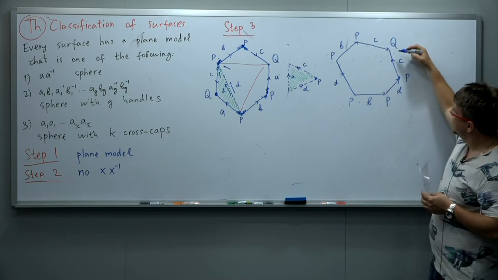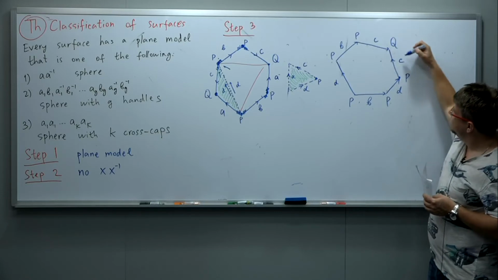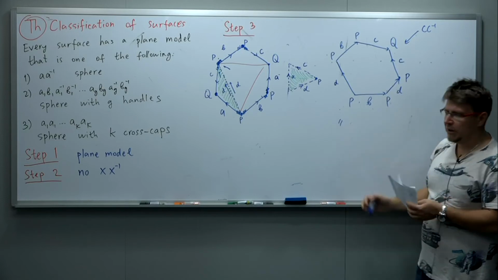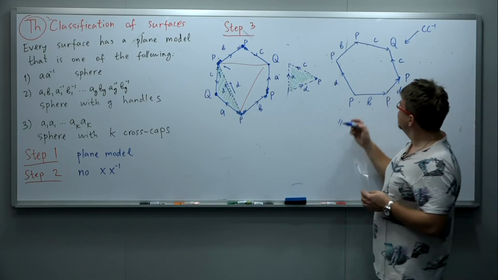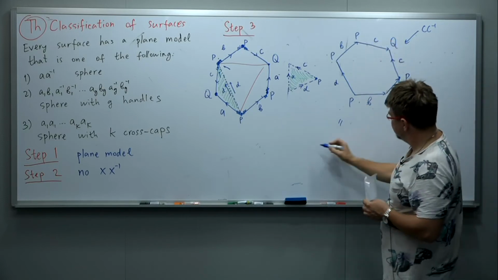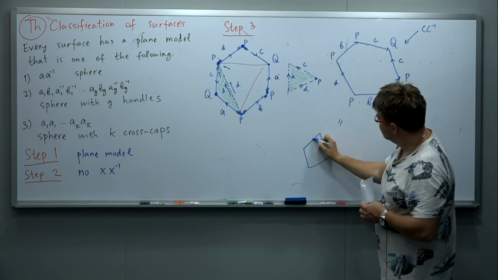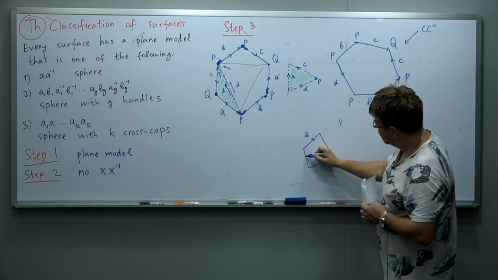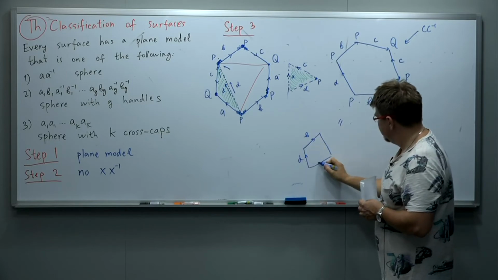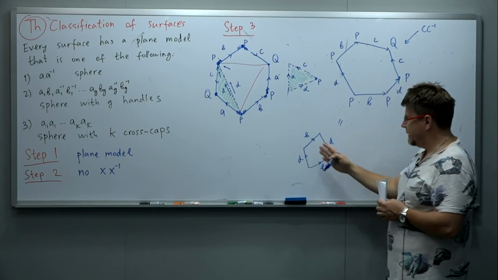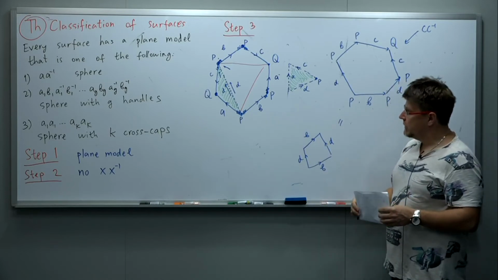So here we have the portion C inverse. Then, of course, we can cancel them, and the remaining part of the plane model is going to be B, D, B, D, and now you see that it is indeed a torus.